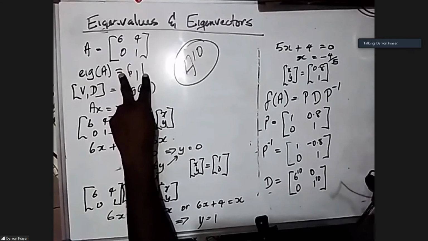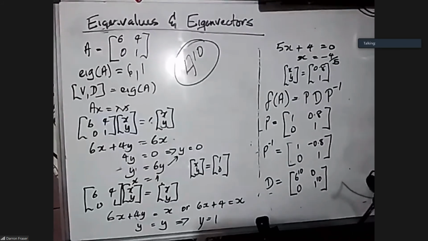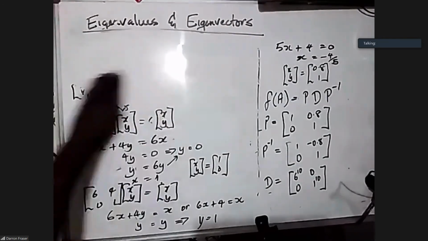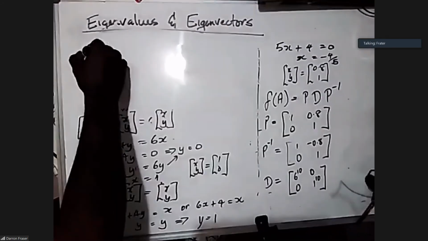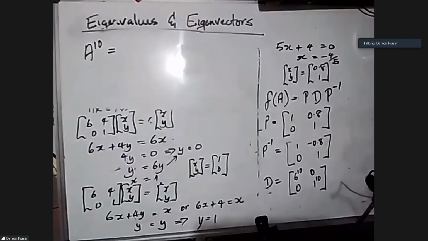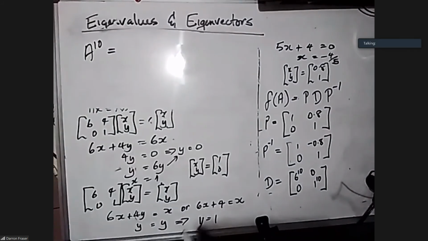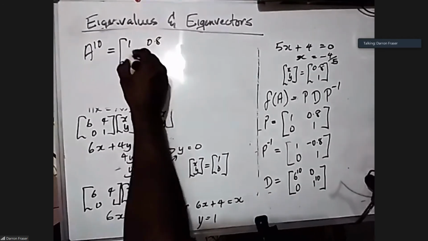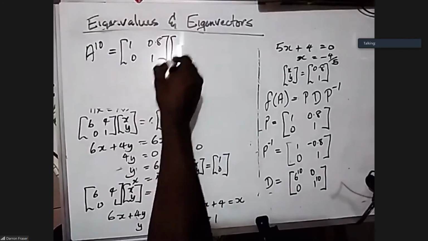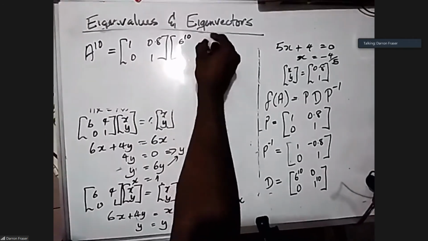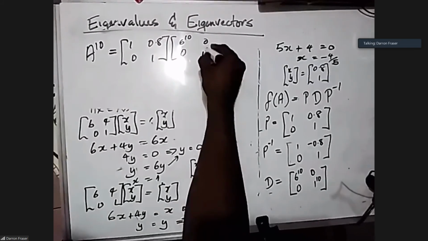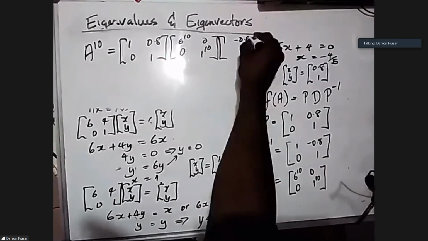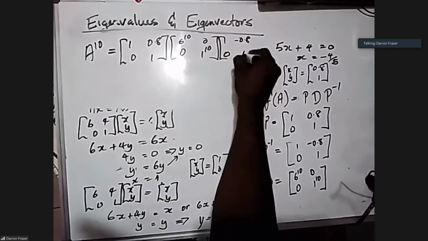So now what we are saying is that A to the 10 is going to be equal to P, which is 1, negative 0.8, 0, 1, times D, which is 6 to the 10, 0, 0, 1 to the 10, times P inverse, 1, 0.8, 0, 1.